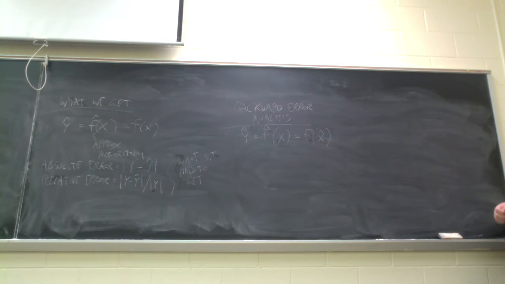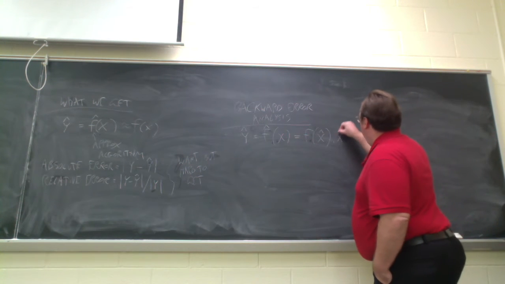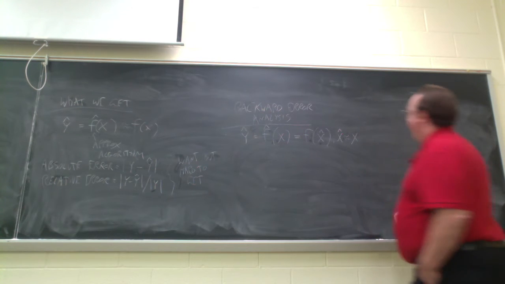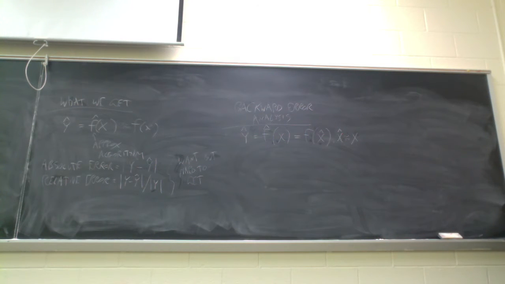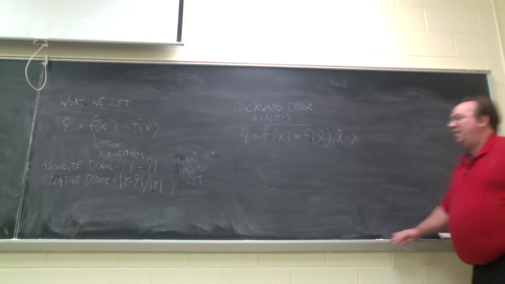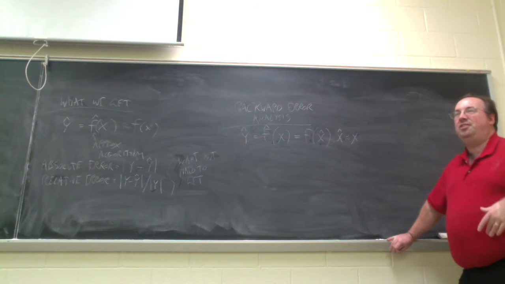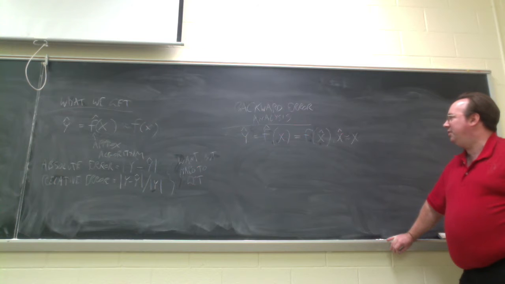In other words, the approximate solution is the exact answer of a nearby problem. So this erroneous input is some approximation of the true input. This is not something that always holds, but for certain problems, such as systems of linear equations and so forth, it is a reasonable assumption to make.